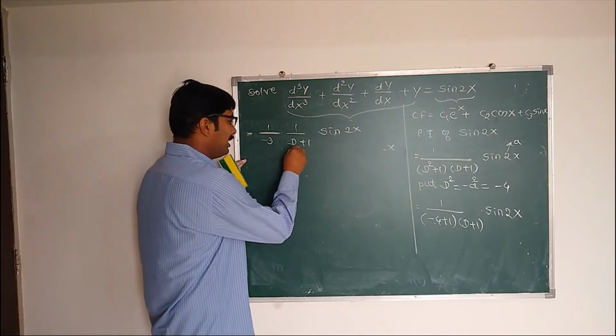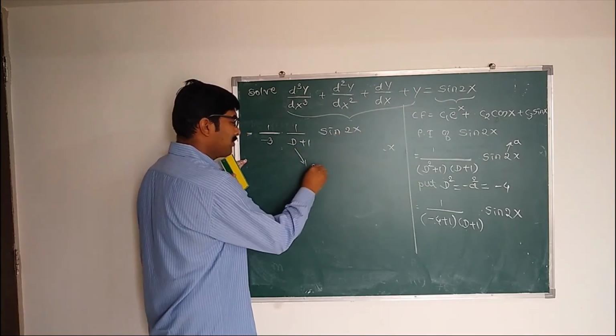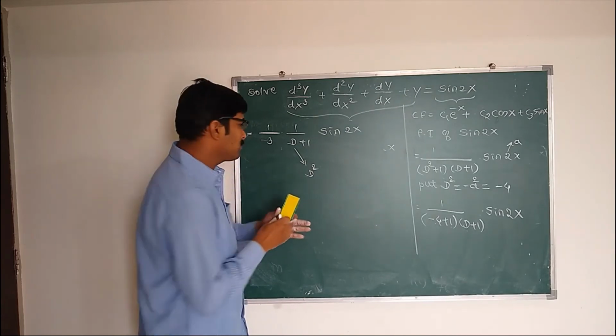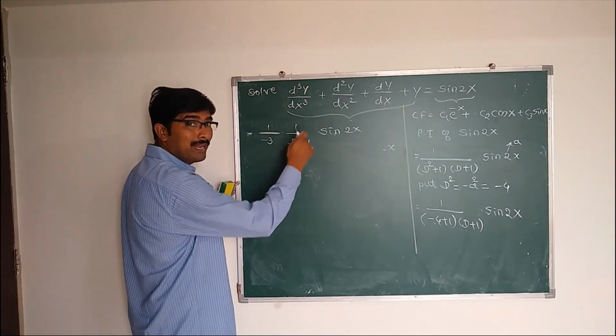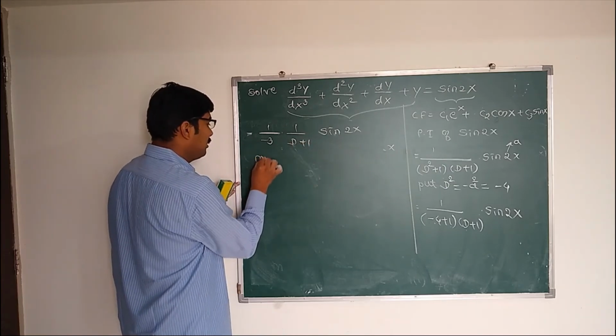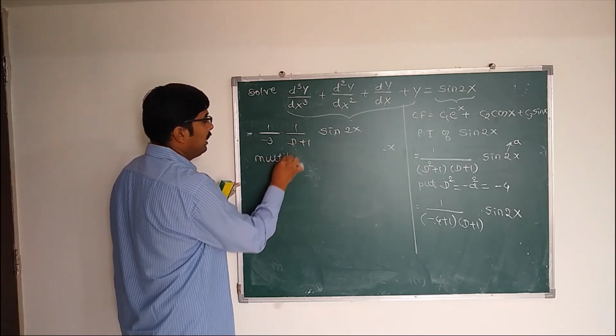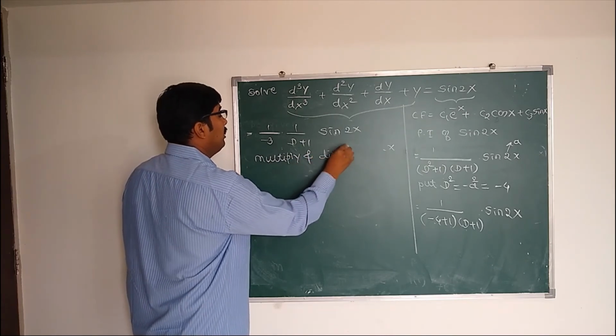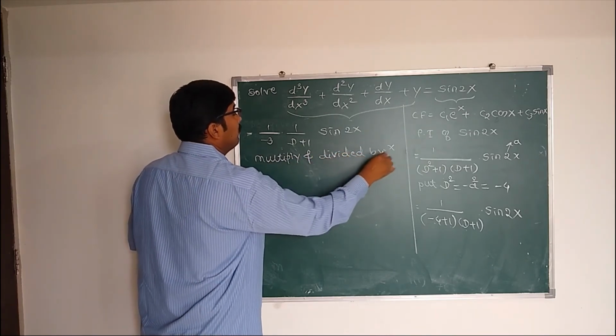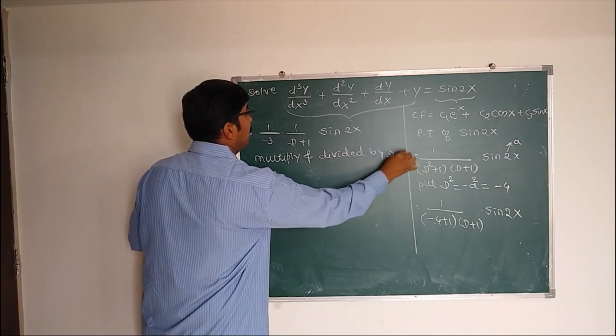Now try to convert this D in terms of D square. To convert in terms of D square, multiply and divide it by D minus 1, that is rationalizing.